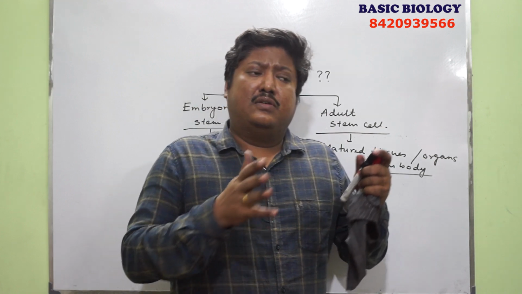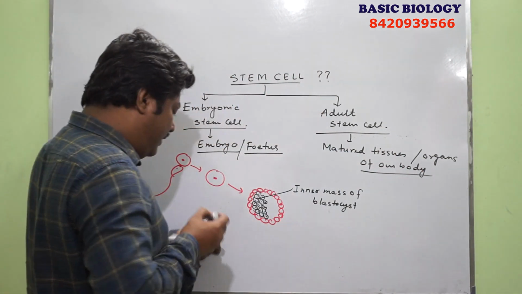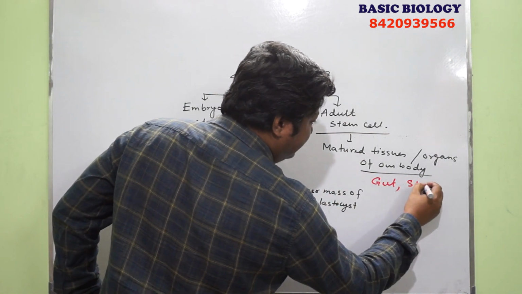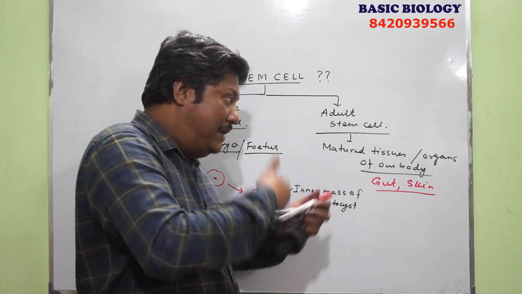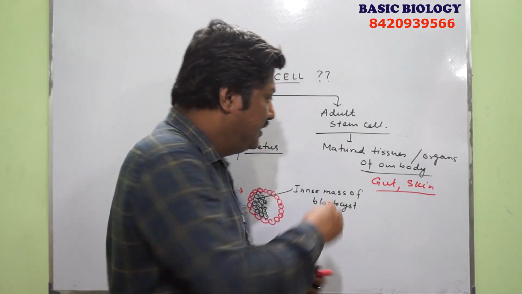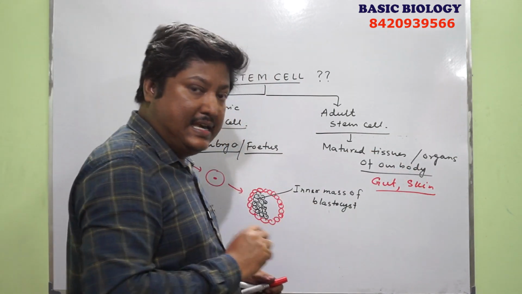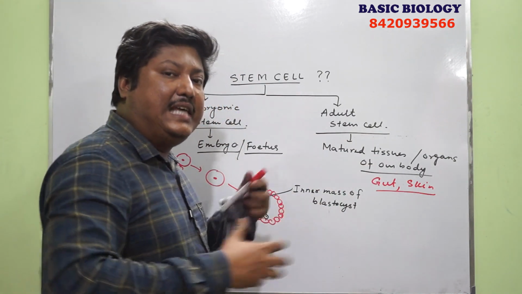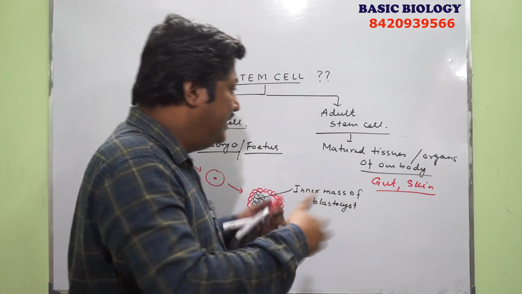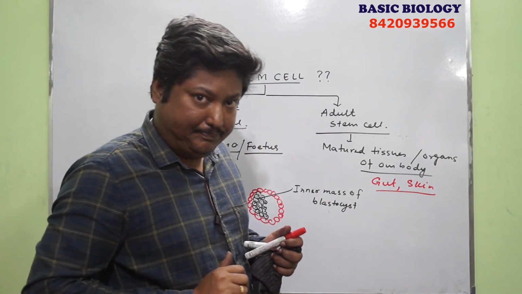And there are many organs in our body, say for example gut, skin. The repair and replacing of the worn out cells are very much active specifically in these regions, that means within the gut or the skin. And in these locations the cells are damaged quickly, so they have to be replaced by new cells, and that is possible because of these adult stem cells.